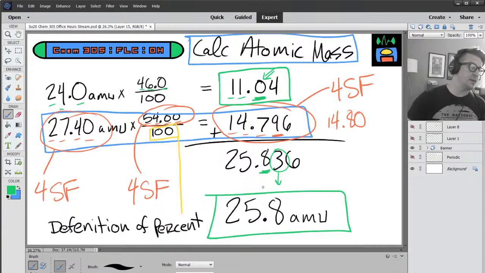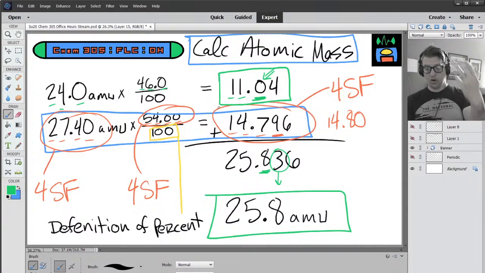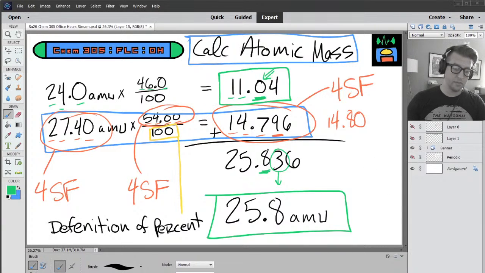So that's why we end up with 3 sig figs. It has nothing to do with the 27.40 times 54.00. That product does have 4 sig figs. Our answer ends up with 3 because we're adding the product of 27.40 and 54.00 to our other product of percentage and isotopic mass, and that's what determines the precision of our answer.